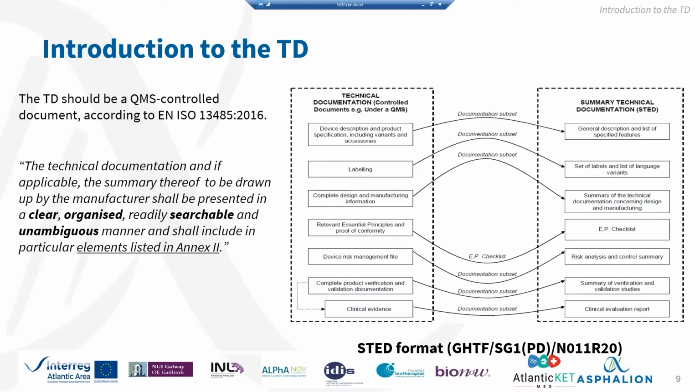So this technical document, as we said, has to be controlled by this quality management system, and it should be a clear, organized, and readily searchable document, which has to include, as we said, the elements listed in Annex 2. This is laid down in the regulation. It's got to be quite clear.